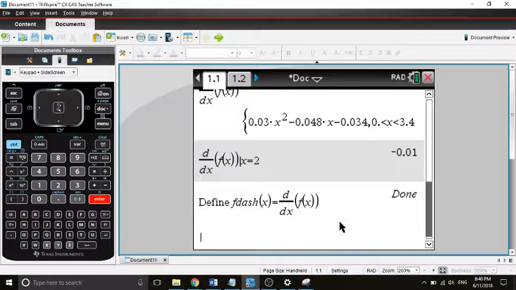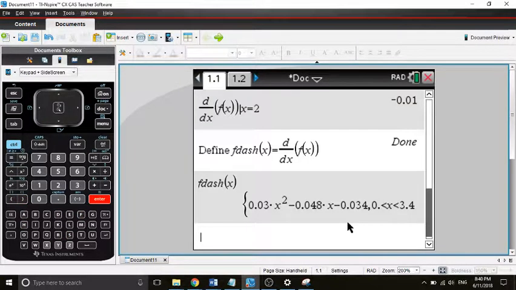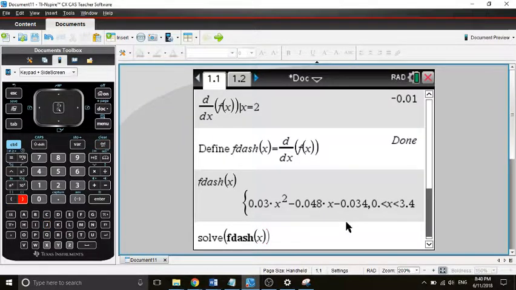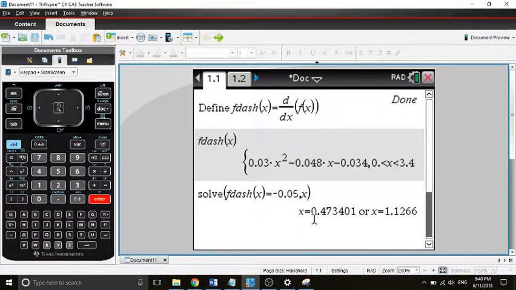Then solve where f dash of x equals negative 0.05, solving for x. That tells us it happens at 0.47 kilometers.